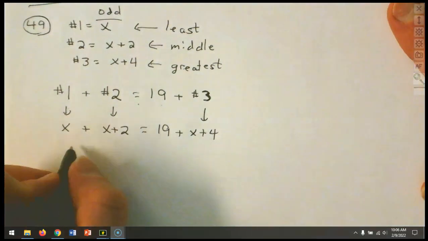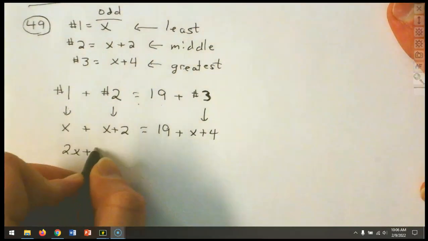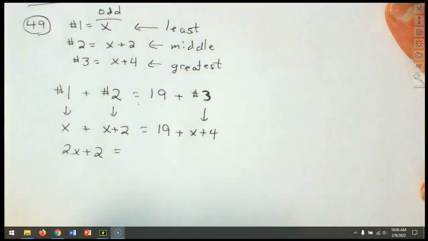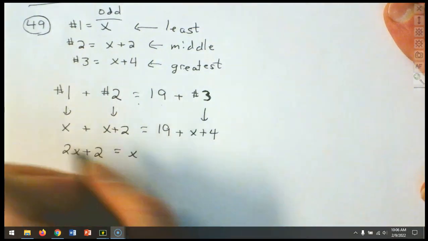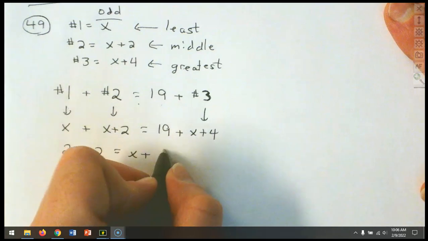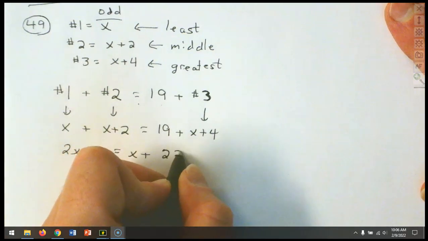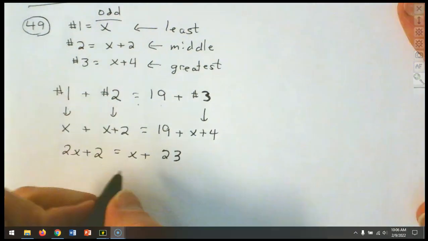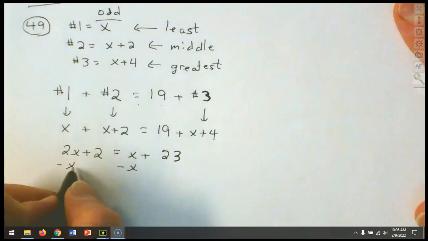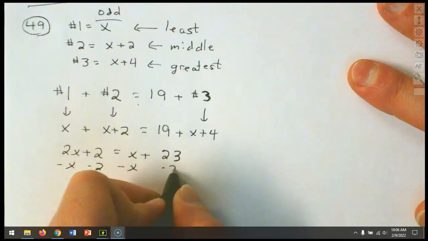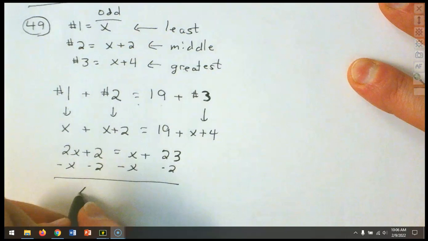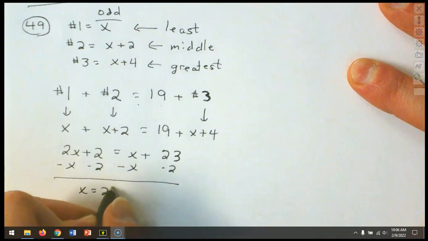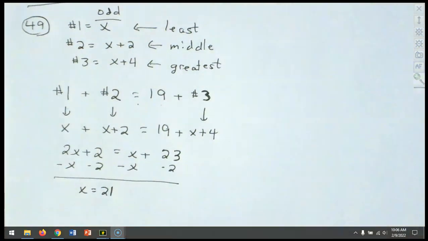Let's add these together. That gives me 2x plus 2 on the left. On the right, we've got x plus, adding them together, looks like 23. Move things around. So move that x over. Move that 2 over. And we now have x equals 21, isn't it?